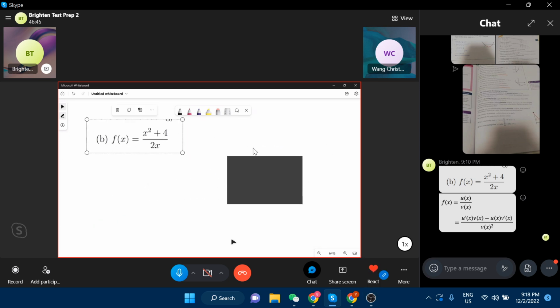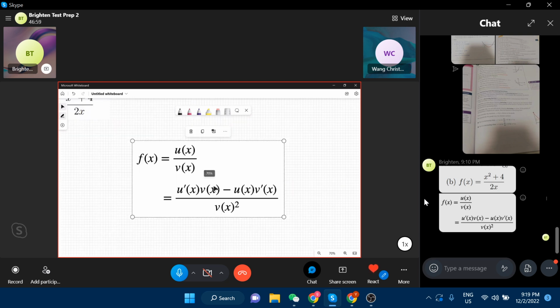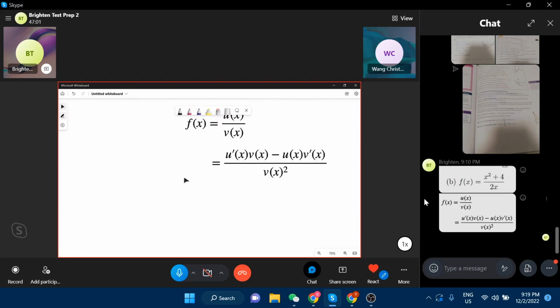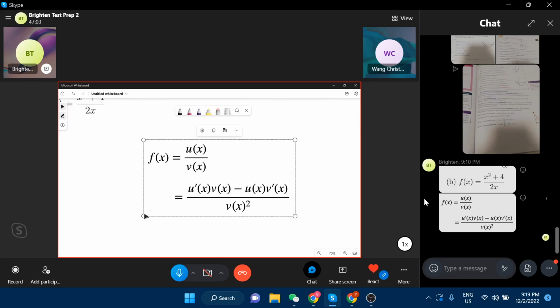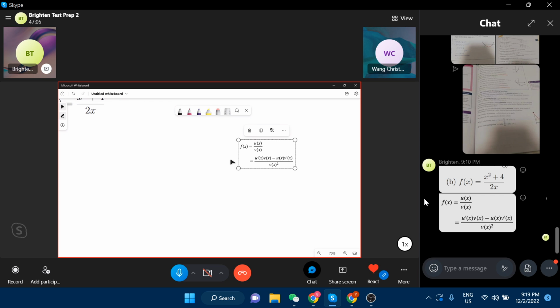I'm going to walk you through how we do the quotient rule. Once you master this, it will make it so much easier for you to differentiate even complex equations that have a division.